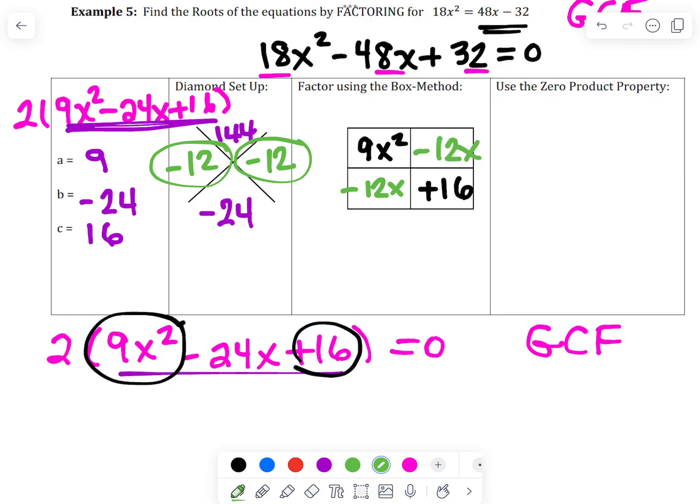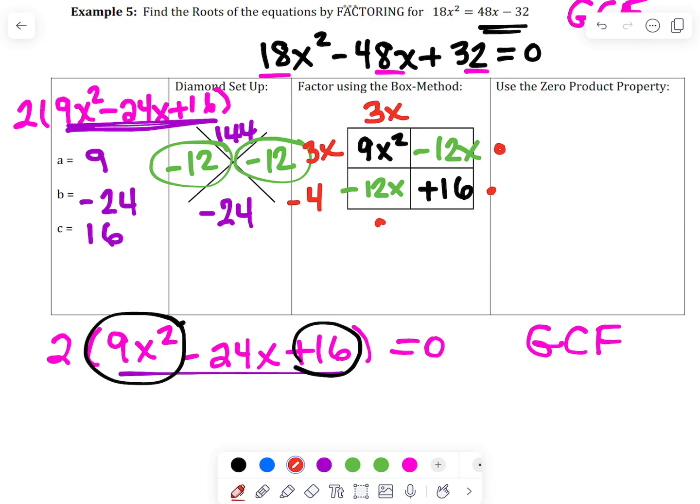Now we take out the greatest common factors of the rows and columns. The first row, those two terms, the GCF is 3x. The second row, the GCF could be a positive 4 or a negative 4. I'm going to take out a negative 4, and then we have to check it when we're done. Go to the first column. The GCF is 3x.